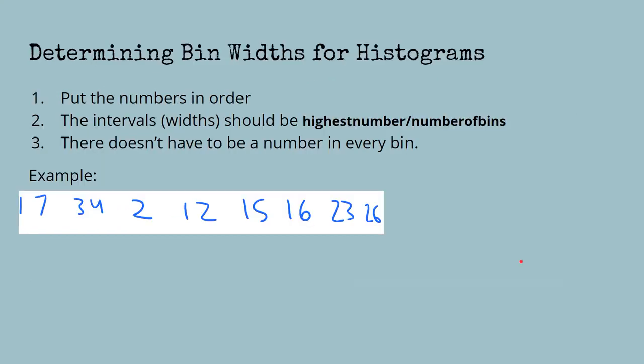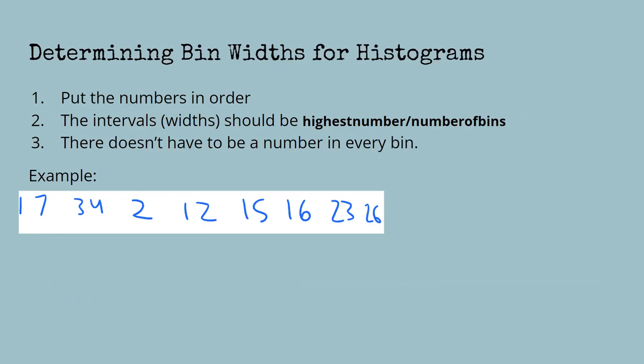Well, how would we choose what a bin width is? Now, I'm just telling you this. I'm going to show you how to put this into the calculator, so you don't even have to worry about that. But I'm just going to tell you how you would do that. So you put the numbers in order.